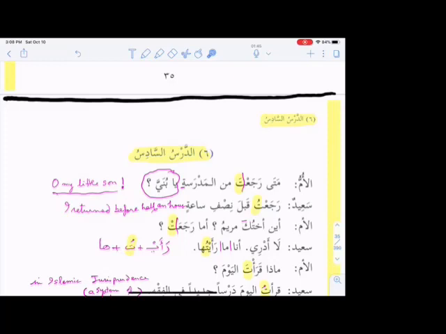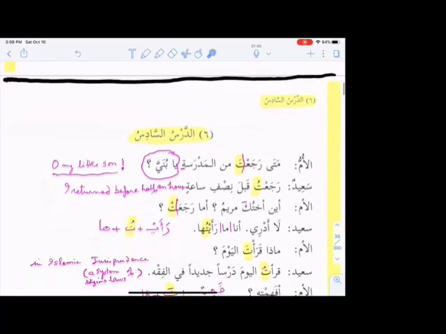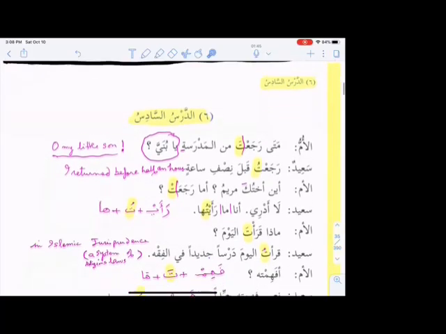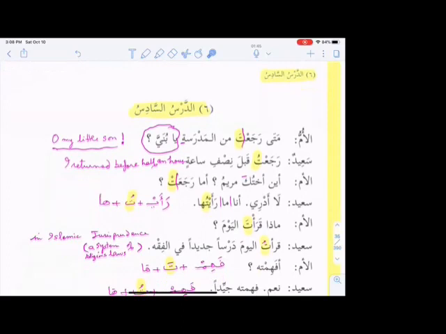I did not see her. See here, ra'a, this is your verb. Ra'aytu, this is your fa'il. There is always a fa'il coming along with the verb. Fi'l ra'a. Remember, tu is the fa'il and ha is your maf'ul bihi. Now the mother is asking, Madha qara'ta al-yawma. Again, qara'a and then ta.